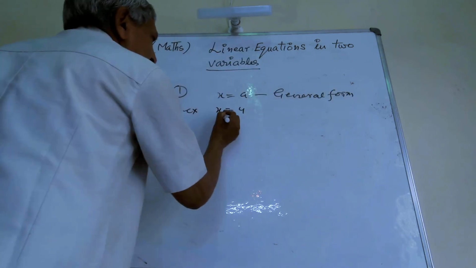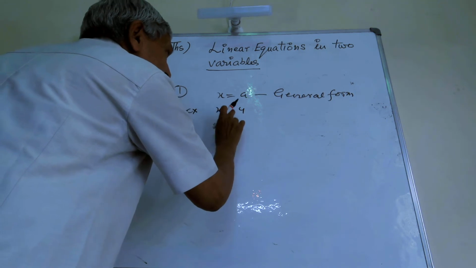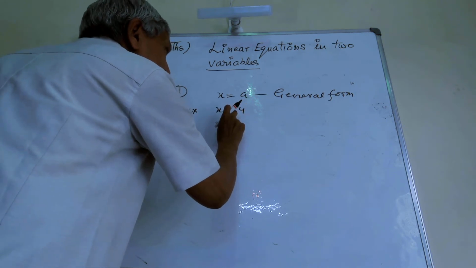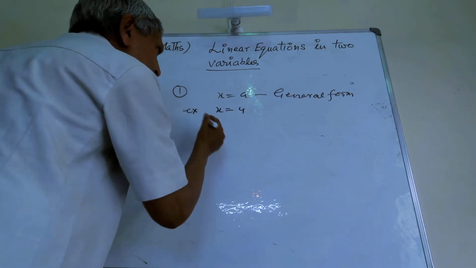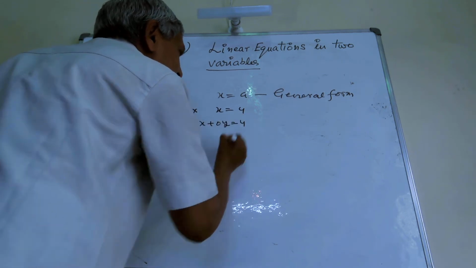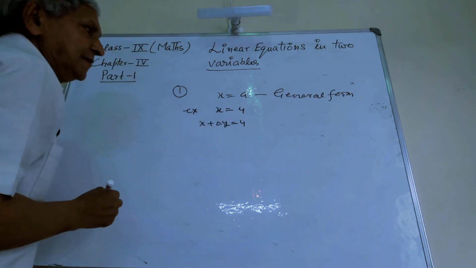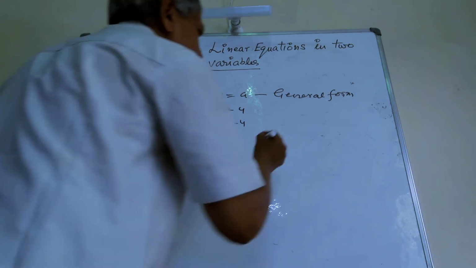We can write this equation as a linear equation in two variables: x plus 0y is equal to 4. Now find out the points.